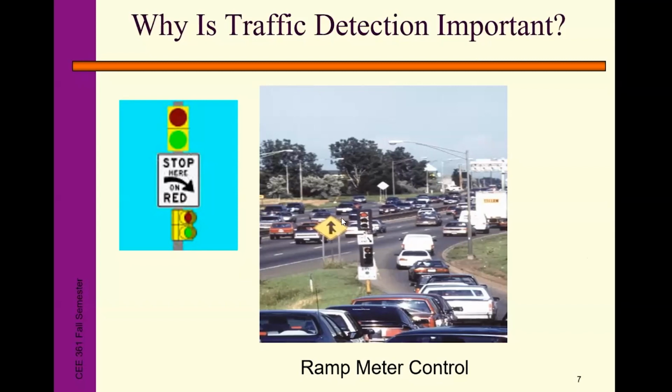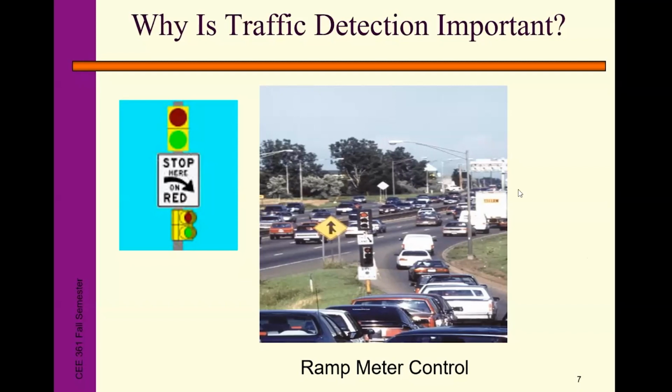Back to the ramp meter control. We have the signal head installed at the entrance point of the on-ramp, and we determine how fast vehicles can join the freeway mainstream by allocating green time. What's the proportion of the green time? What's the cycle length?